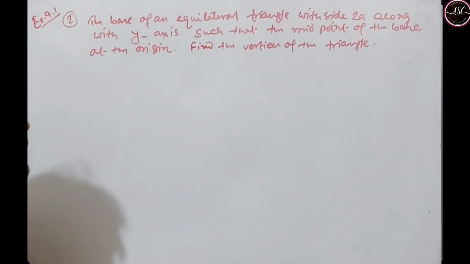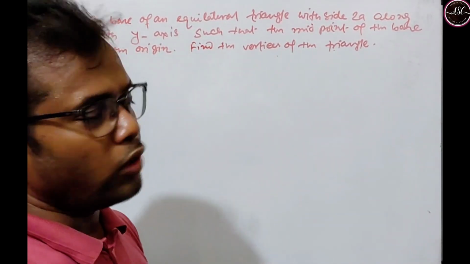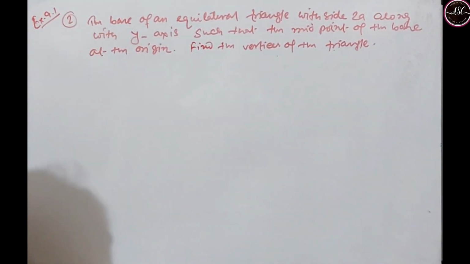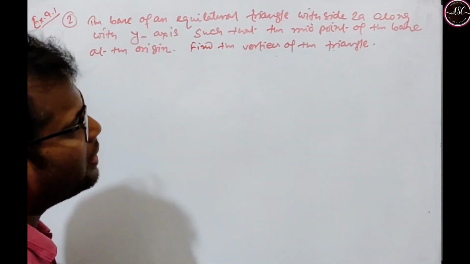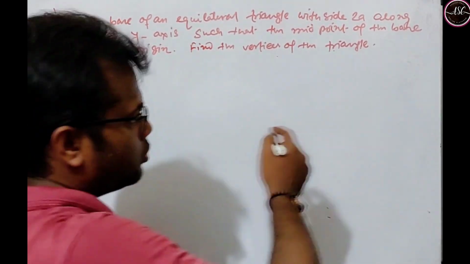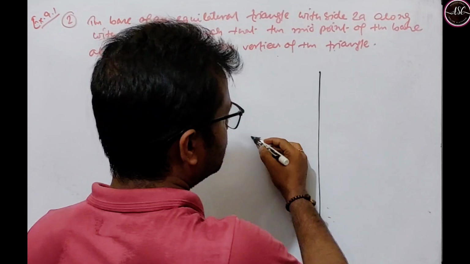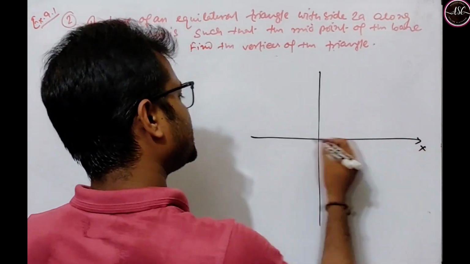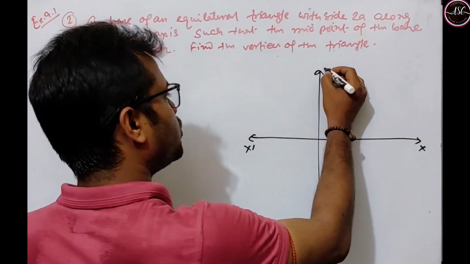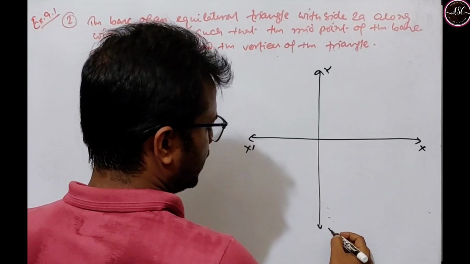Just look at this question. The base of an equilateral triangle with side 2a is along the y-axis such that the midpoint of the base is at the origin. Find the vertices of the triangle. So we first draw the axis. This is x, this is x dash, this is y, this is y dash.